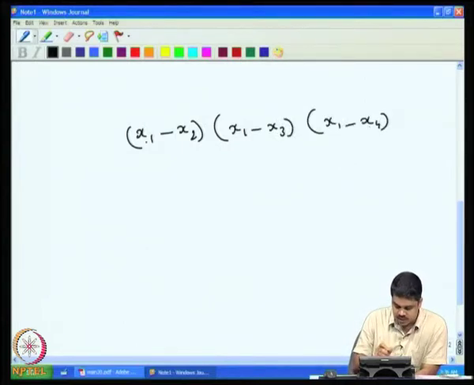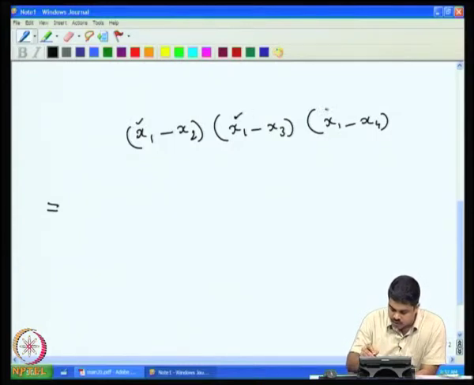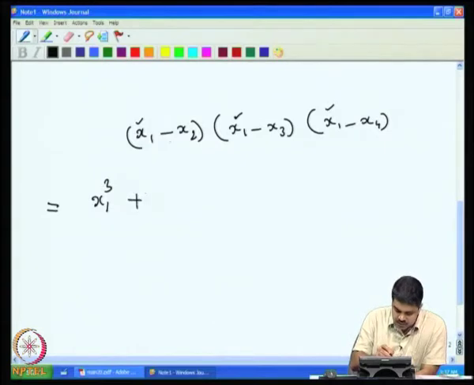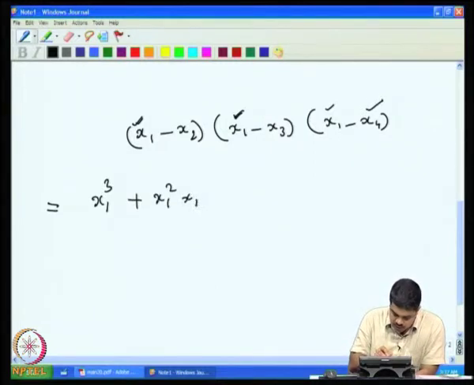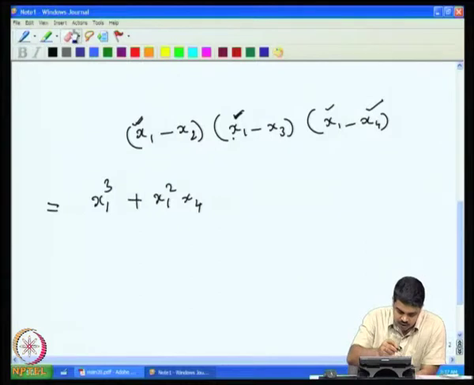When you expand, you take one term from each factor. The first is x1 cubed, plus then one term from here, one from here, and the other term from here, so x1 squared into x4. What is the sign of that? Because this is 2 pluses and this is a minus, this will be minus.